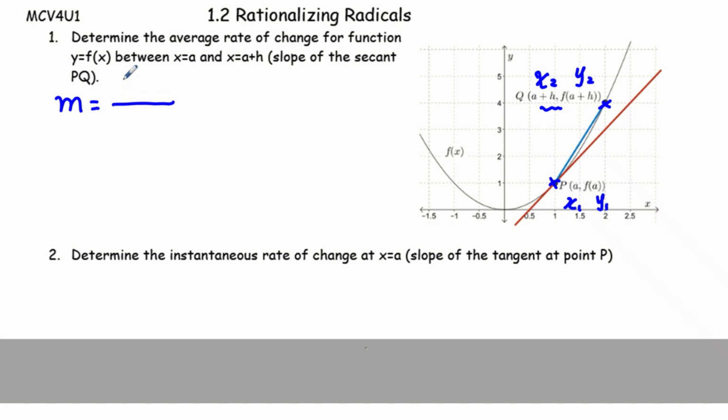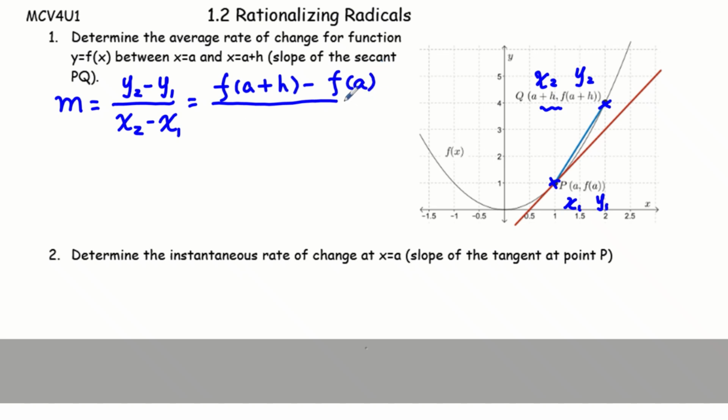So it's the difference of y divided by the difference of x. For the function notation, y2 is f at a plus h, take away f at a, and x2 is a plus h, and x1 is a.